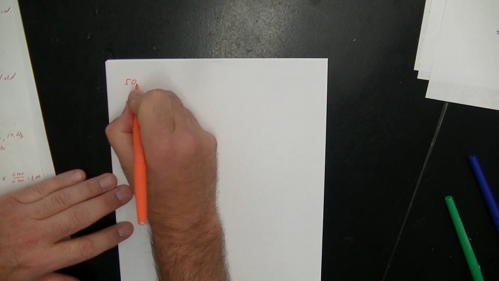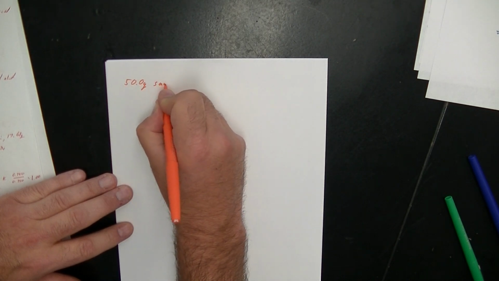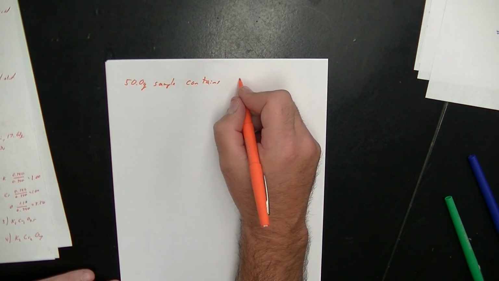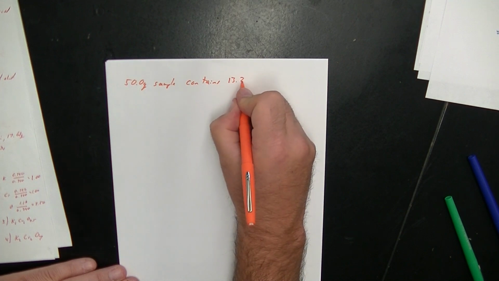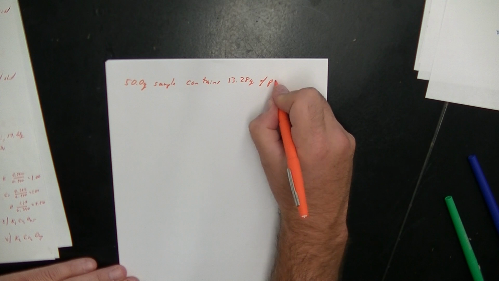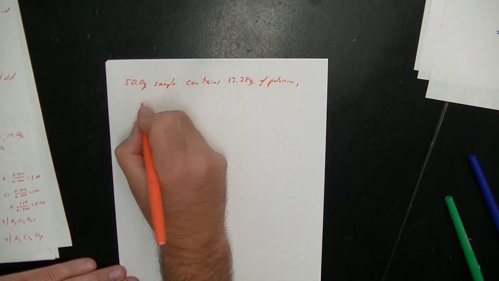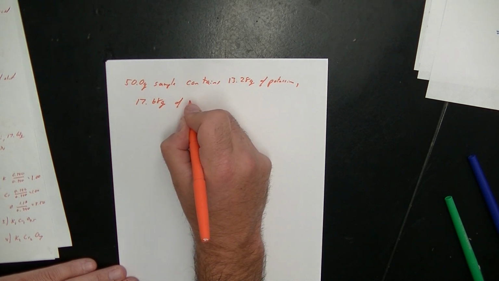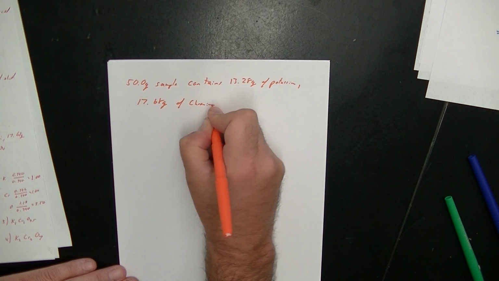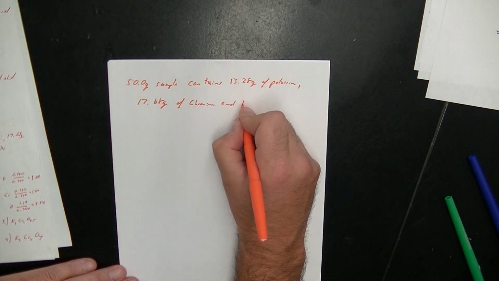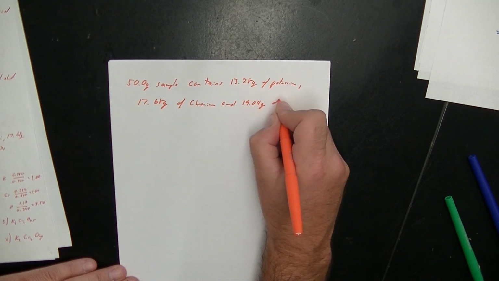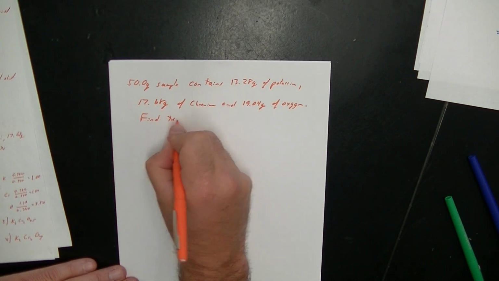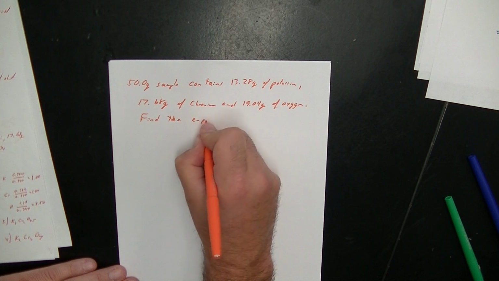So let's say that we have a 50.0 gram sample that contains 13.28 grams of potassium, 17.68 grams of chromium, and 19.04 grams of oxygen. Find the empirical formula.